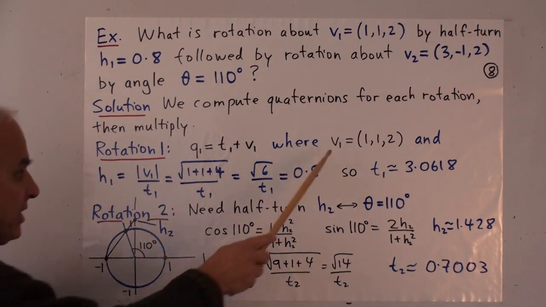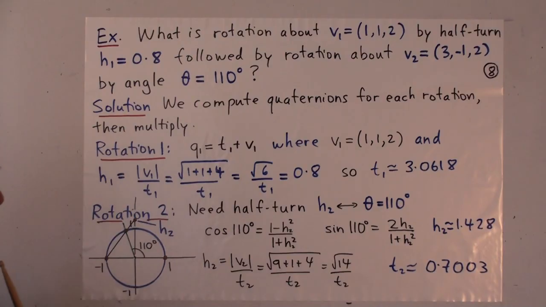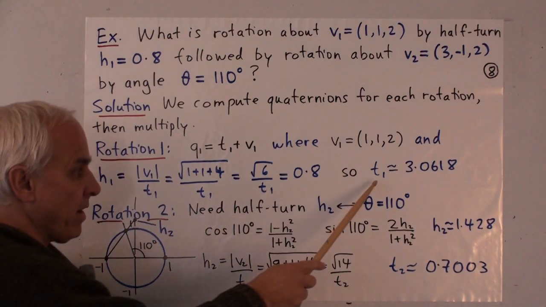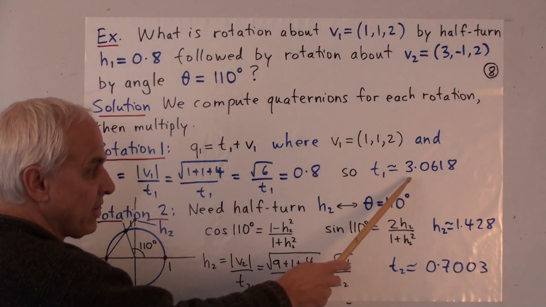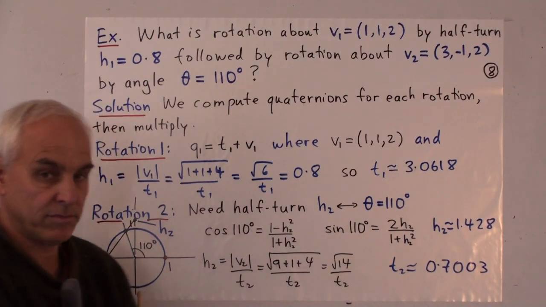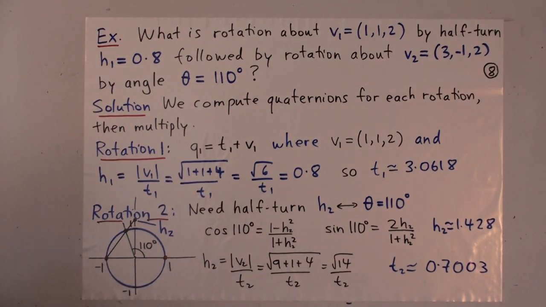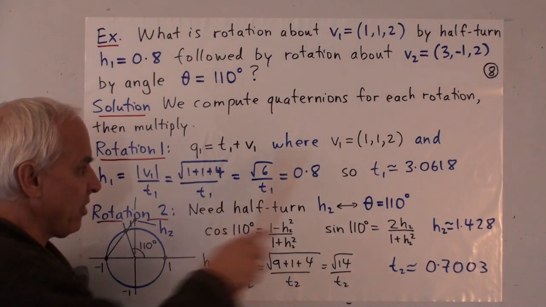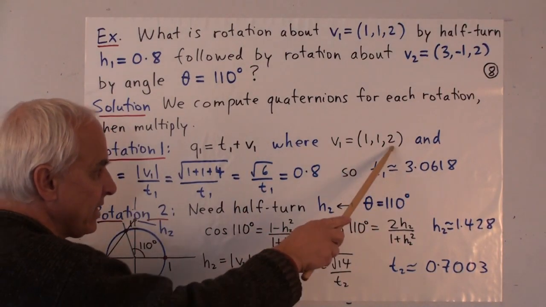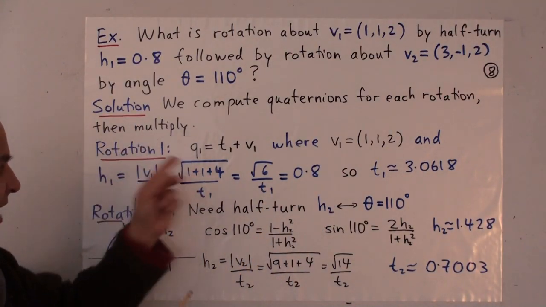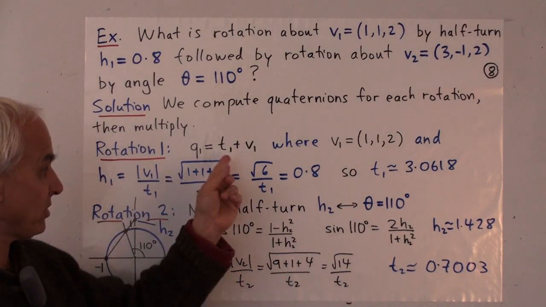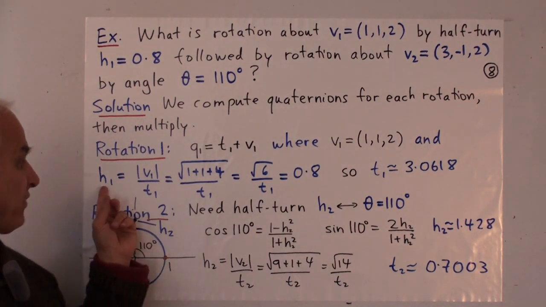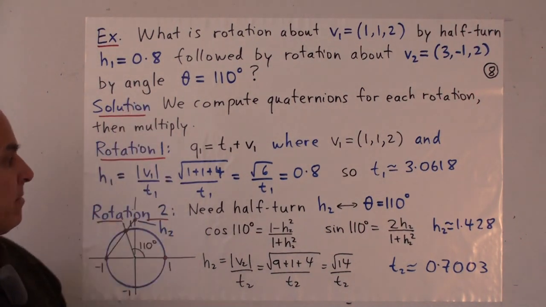Well, the length of V1 is the square root of 1 plus 1 plus 4. So the square root of 6 over T1 had better be 0.8. And so we can solve for T1 approximately something pretty close to 3, say 3.06. So that's a specific quaternion. The scalar part is this. The vector part is this. We know that that's going to give us a rotation about this axis with a half turn of 0.8.